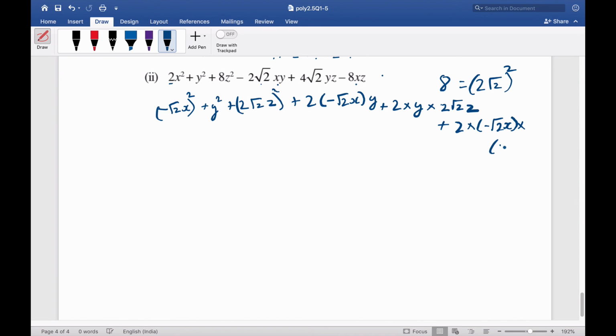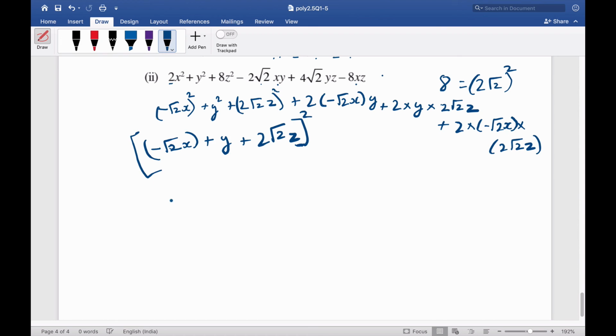So I get 2√2z. When I look at it, it becomes the identity (a + b + c)². So my a is −√2x, let's put it in a bracket, plus my b is y, plus my c is 2√2z, and then I can use a square bracket and whole square.